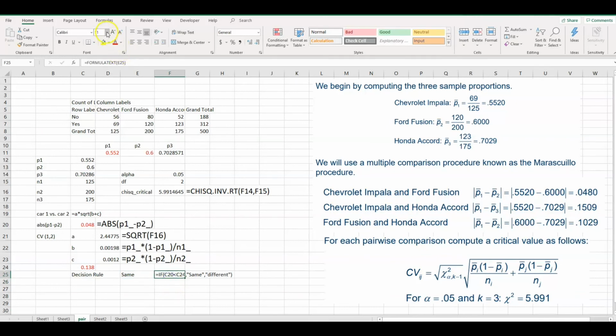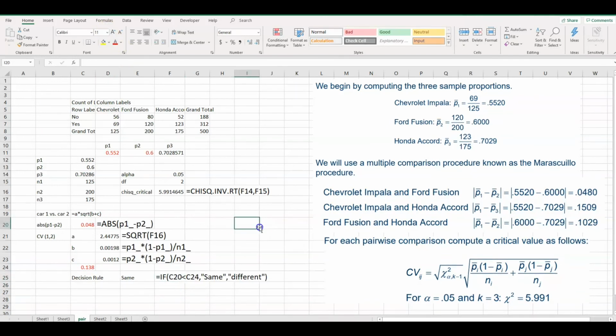I repeat our objective. Our objective is we want to compare two types of car, Chevy and Ford. Suppose we calculate P1 and P2.